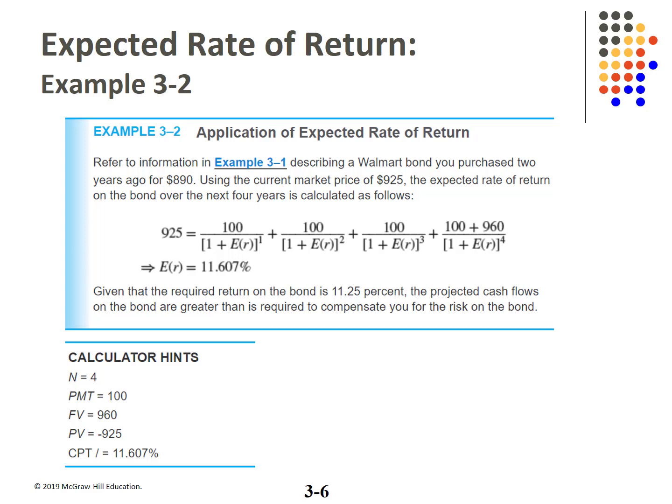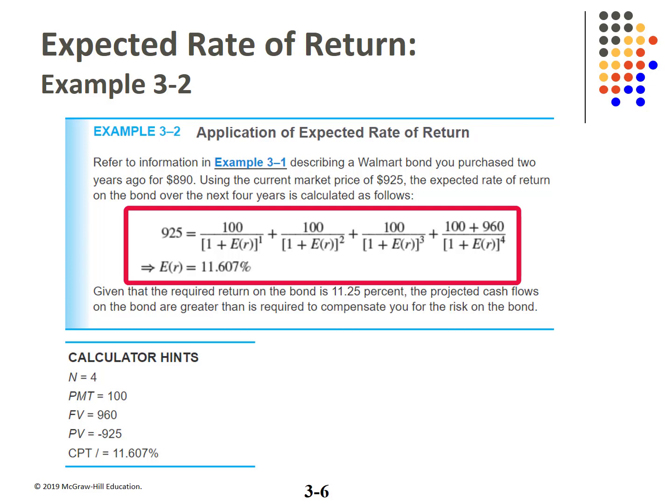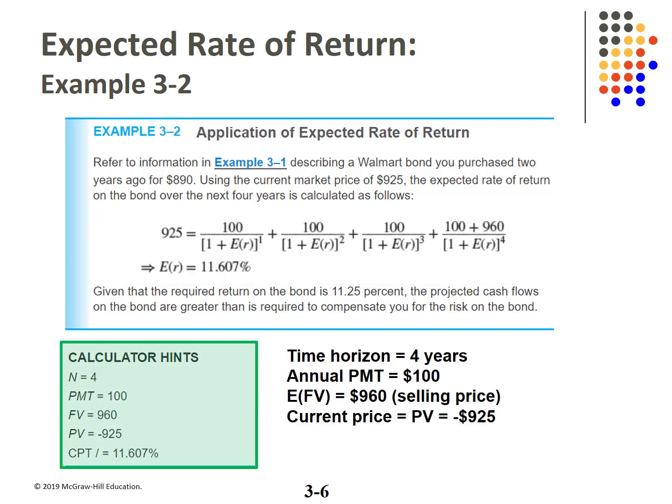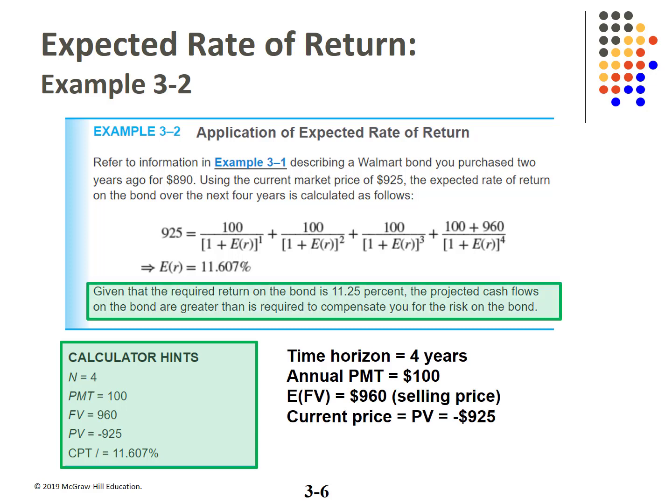Same info, but now we're solving for the expected rate of return by solving for the rate that makes the $100 cash flows over 4 years equate to the current price of $925. Solving the given equation, the expected rate of return is 11.607%. You can do this in your calculator. With the required return of 11.25% versus an expected return of 11.607%, again, the bond is undervalued.